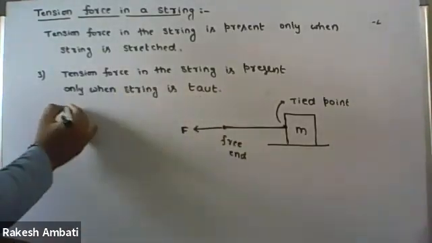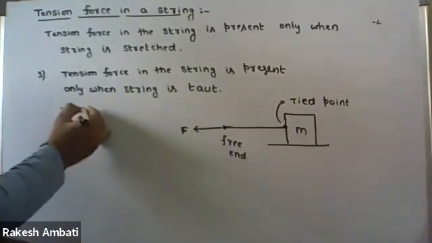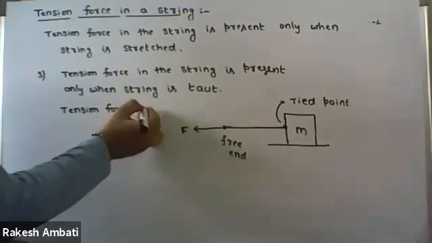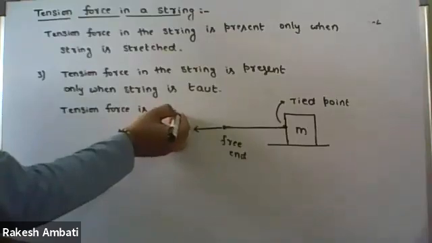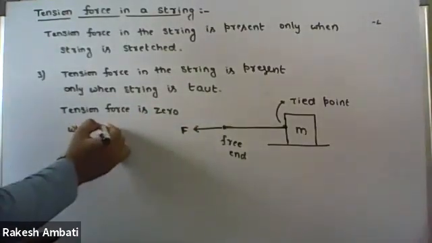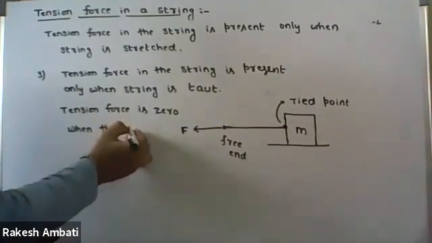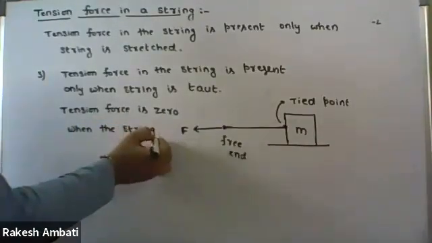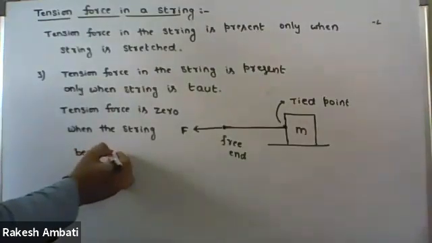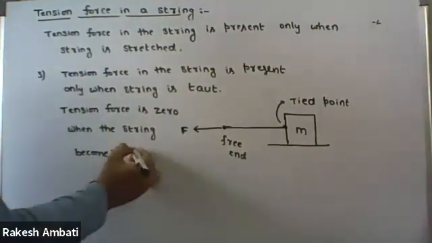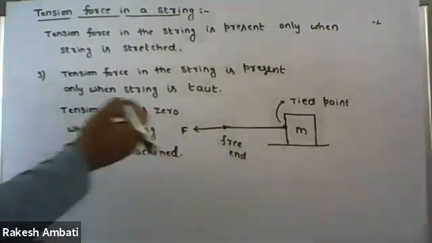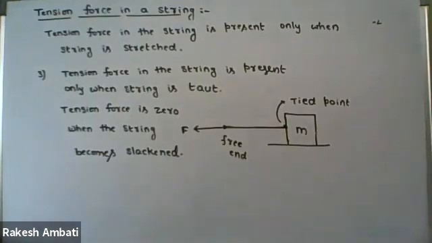Same point continuation: tension force is 0 when the string becomes slackened.